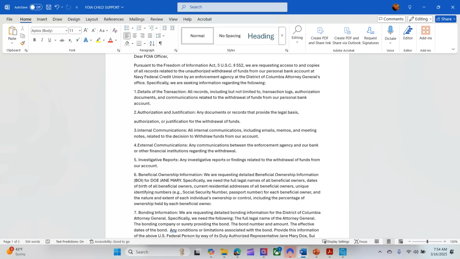Specifically, we need the full legal names of all beneficial owners, dates of birth, current residential addresses, unique identifying numbers such as social security number or passport for each beneficial owner, and the nature and extent of each individual's ownership or control, including the percentage of ownership held by each beneficial owner.